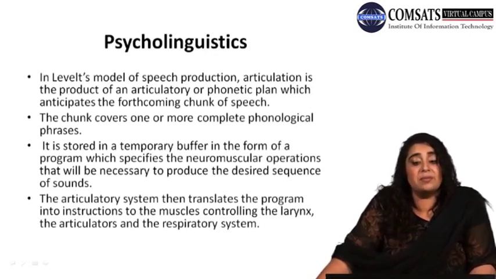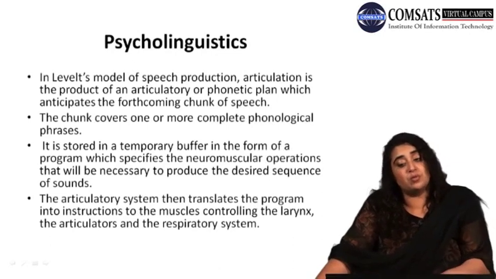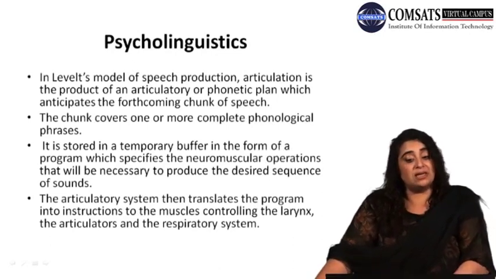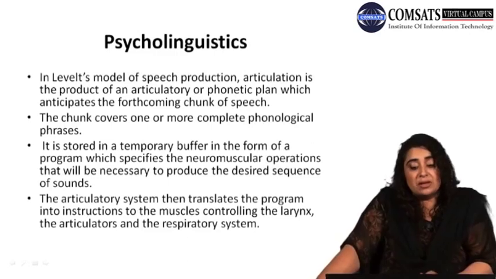It is stored in a temporary buffer in the form of a program which specifies the neuromuscular operations that will be necessary to produce the desired sequence of sounds. Now, the articulatory system then translates the program into instructions to the muscles controlling the larynx, the articulators, and the respiratory system.